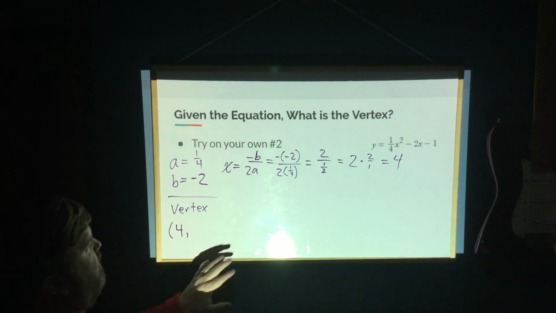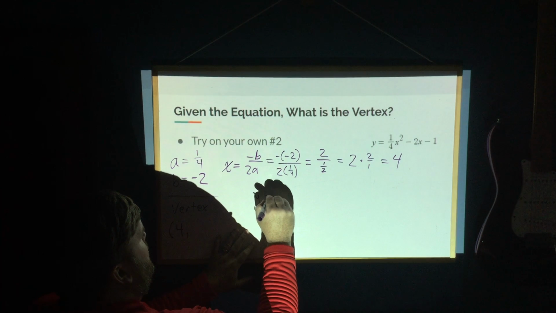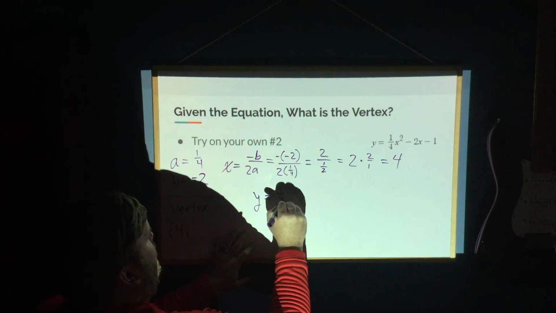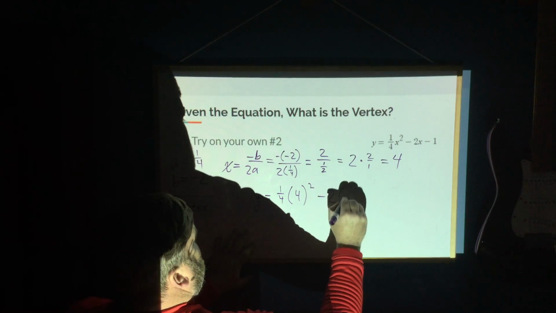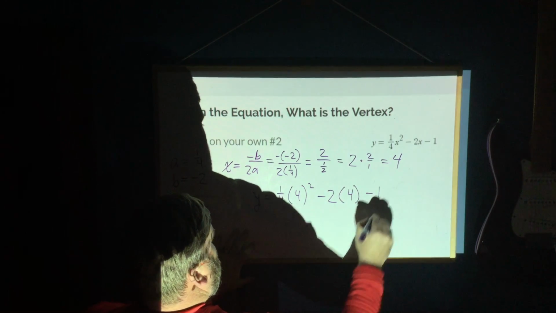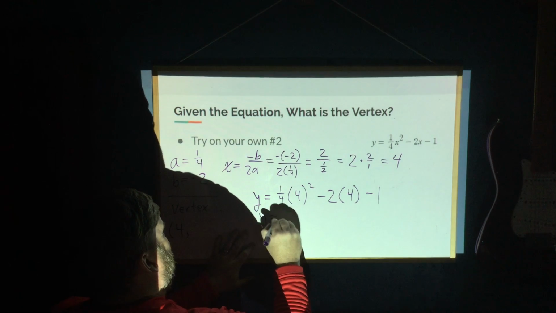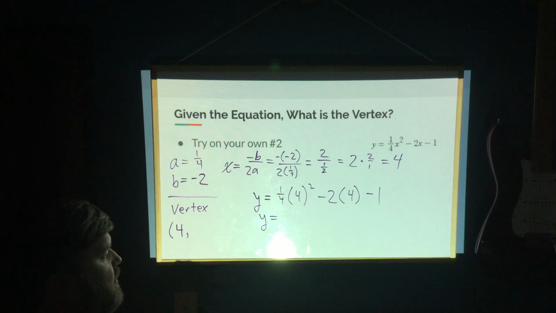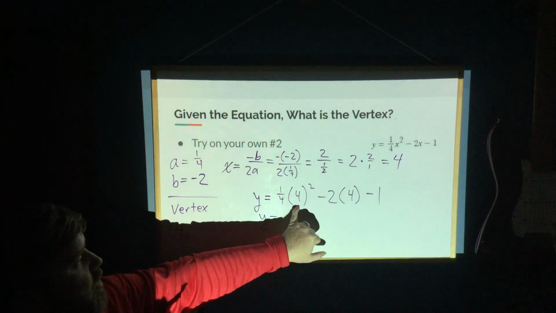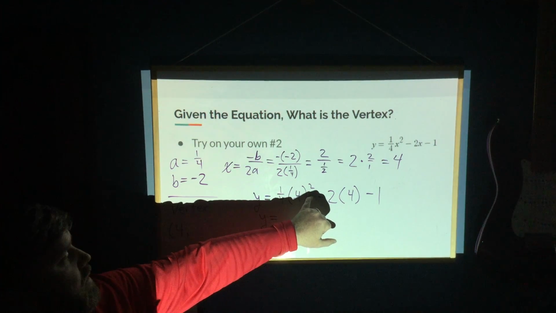All right, we're going to plug 4 back into that equation. So y equals 1/4 of 4 squared minus 2 times 4 minus 1. I'm pretty limited on space, so I'm going to have to do some of this mentally, or else I'll run out of room. Square 4 and you get 16.